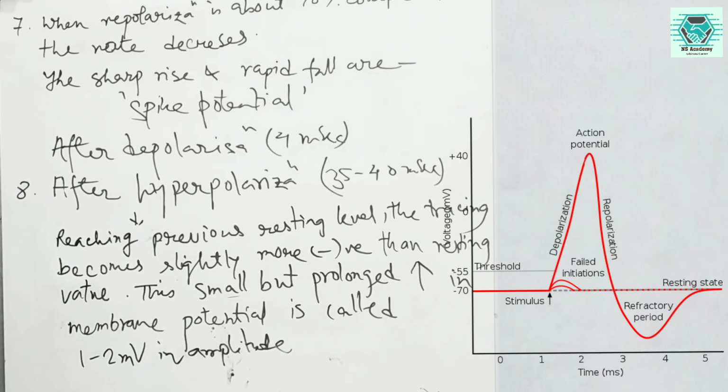These potentials represent the recovery process in the neurons. If the nerve has been conducting repeatedly for a long time, the after hyperpolarization is usually quite large. Depolarization decreases the stability of the membrane, while hyperpolarization increases the stability, because then it goes back to the resting membrane potential.